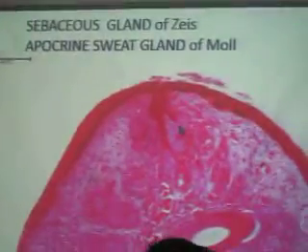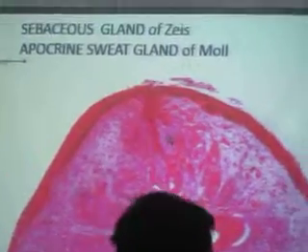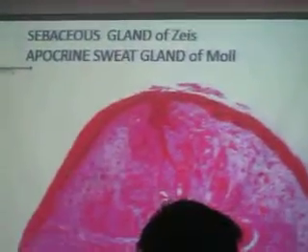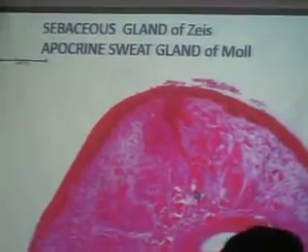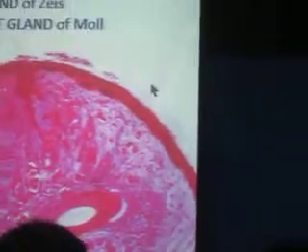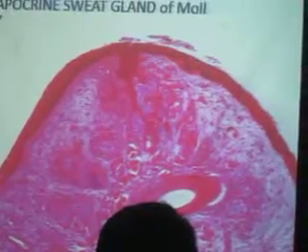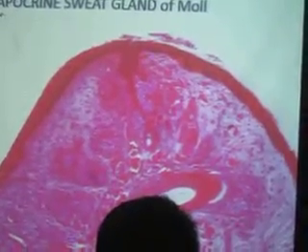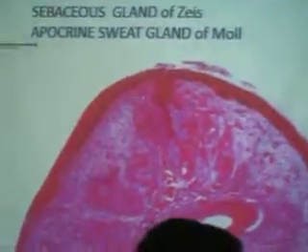See, here is your sebaceous gland of Zeis. I think this is your gland of Moll. Again, there's another hair follicle there. You have more hair follicles towards the lateral side. You have sparse hair follicles in the middle half, then more and more as you go laterally.